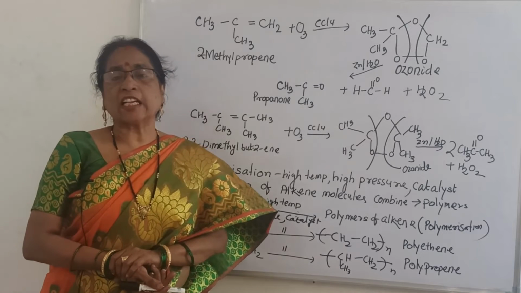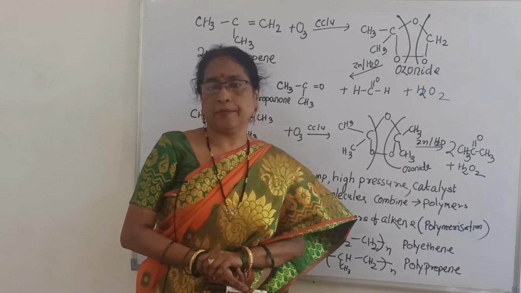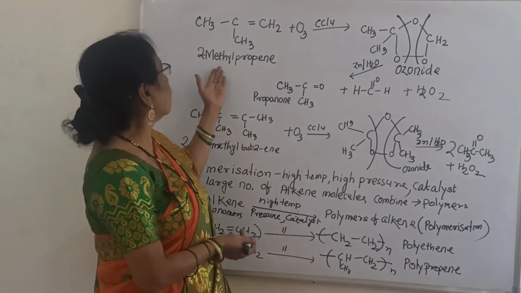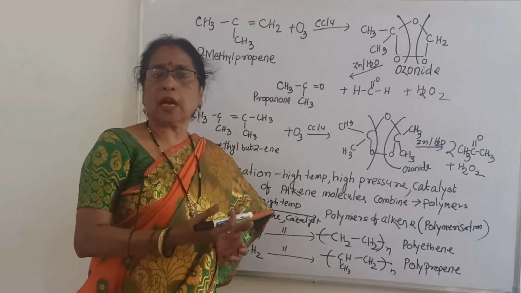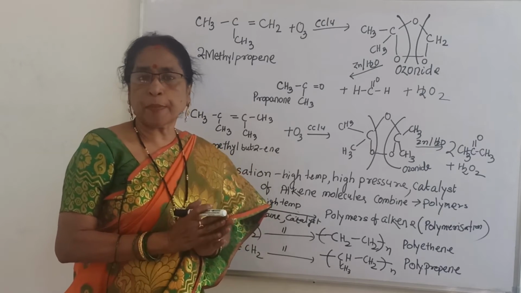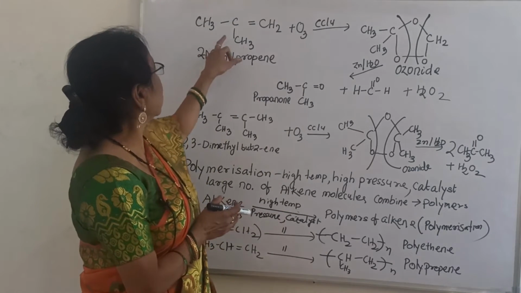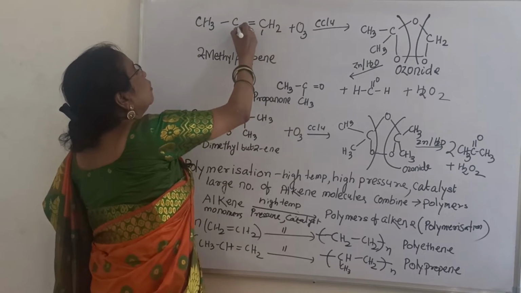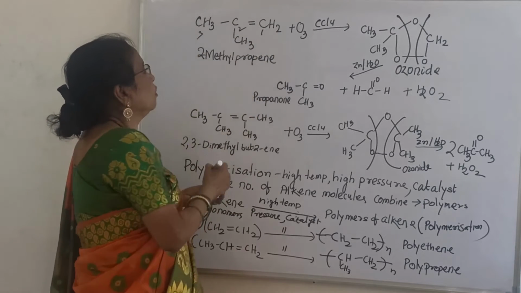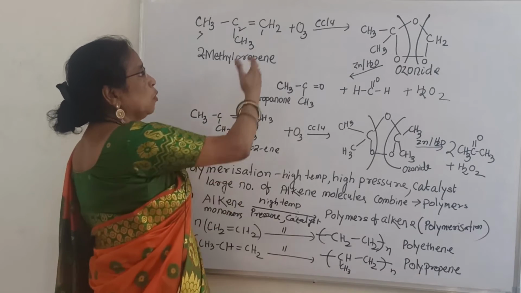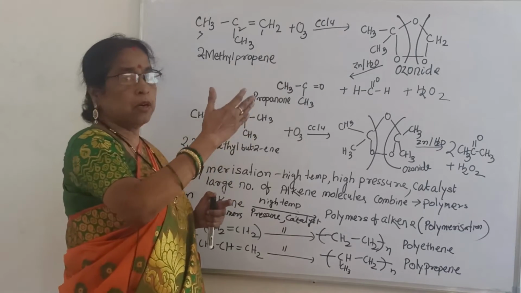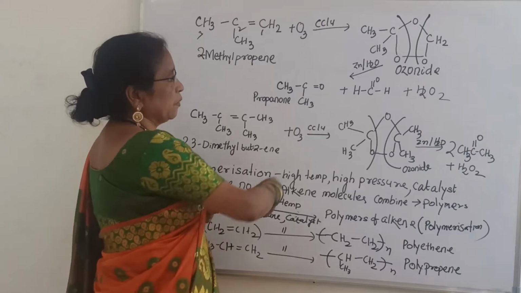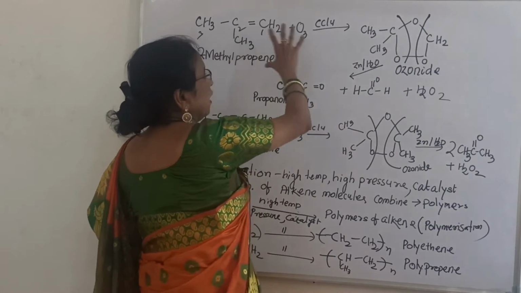Now the second example of ozonide. That means you will take 2-methyl propene. Before that you had taken only propene. Now you will take 2-methyl propene, see 1, 2, 3. 2-methyl propene on ozonolysis with the help of CCl4 gives the corresponding ozonide.